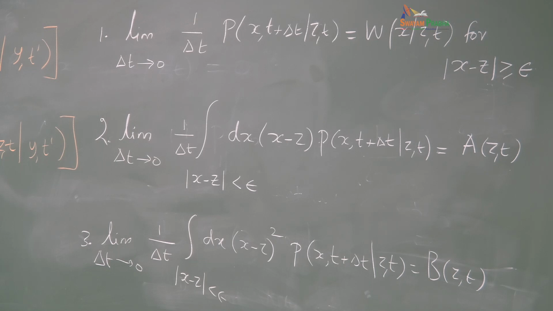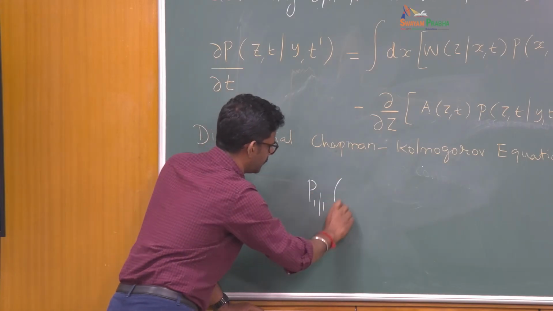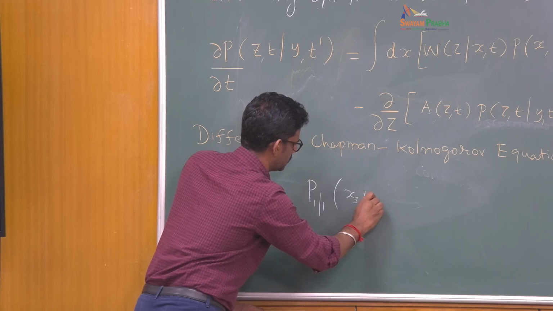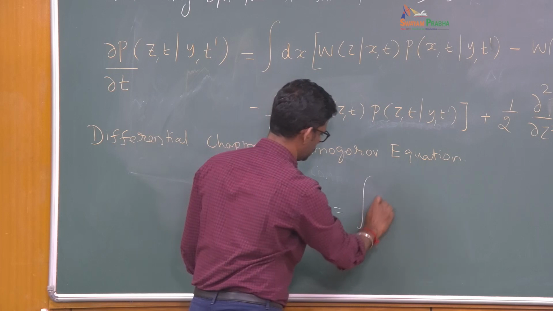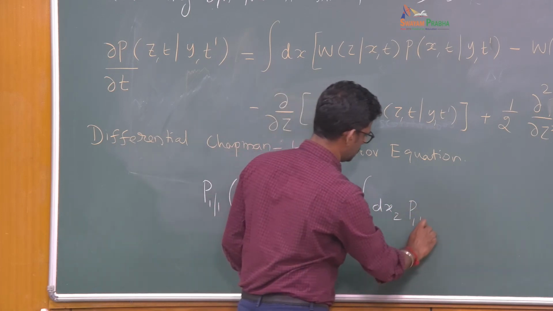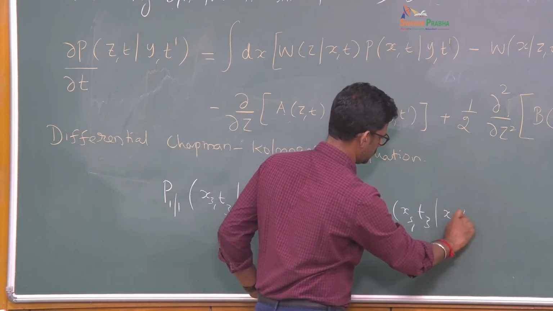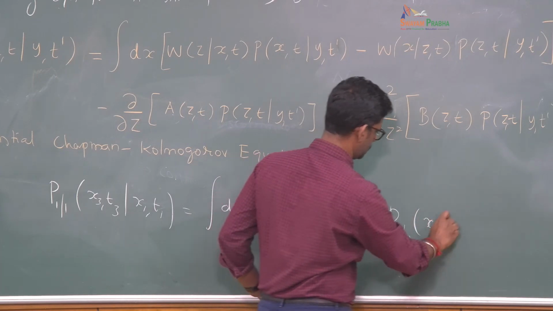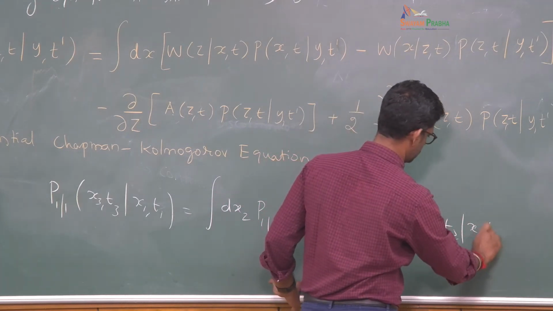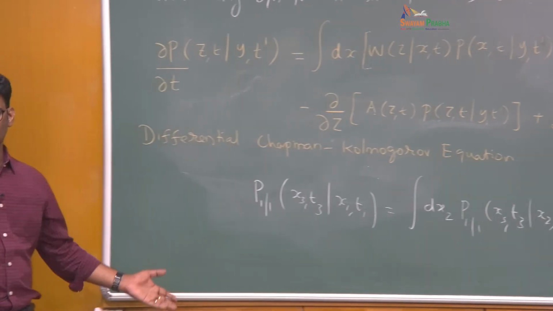So if you recollect, we talked about this Chapman-Kolmogorov equation of this form. This is what we said is the Chapman-Kolmogorov equation.